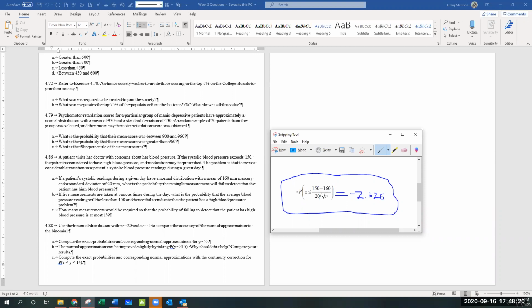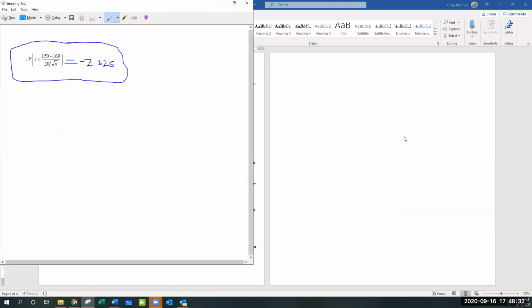So basically what this is representing pictorially, and I always like to draw a picture of a normal curve so I know what's going on, is that we've got our normal curve, and the mean is always in the middle, which is 160.